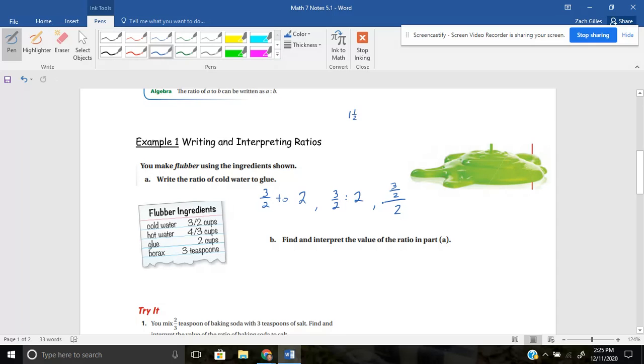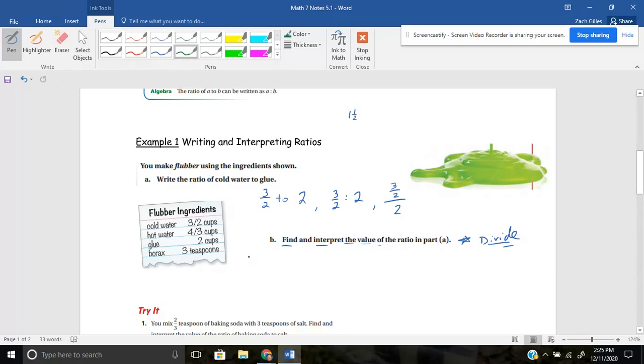Letter B then says, find and interpret the value of the ratio in part A. When it wants us to find and interpret the value, this can be kind of tricky. All it means is to just divide and say what it means in the context of the problem. So it means to take 3/2 and divide that by 2.